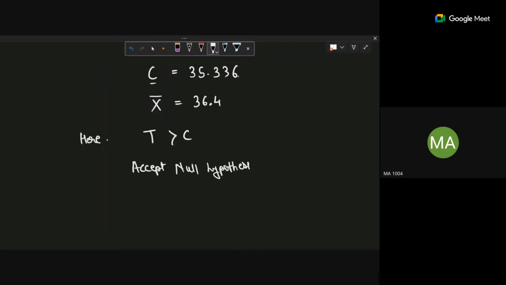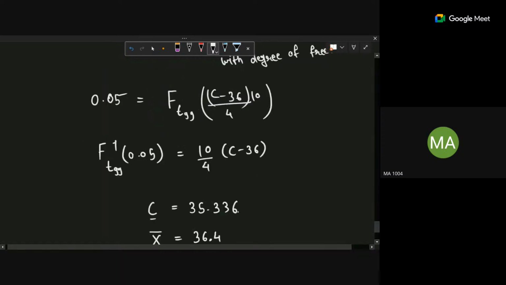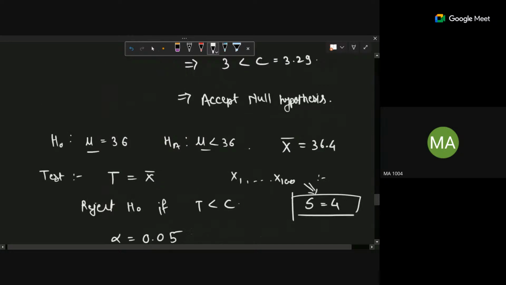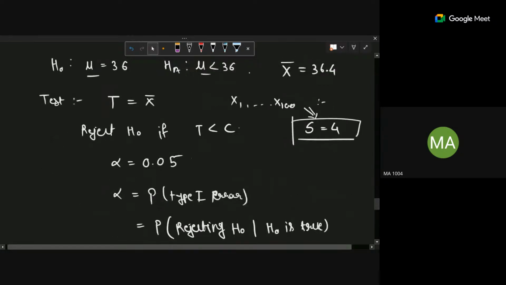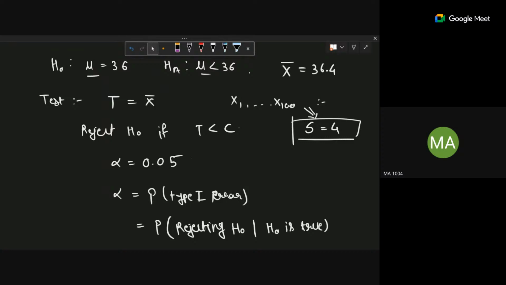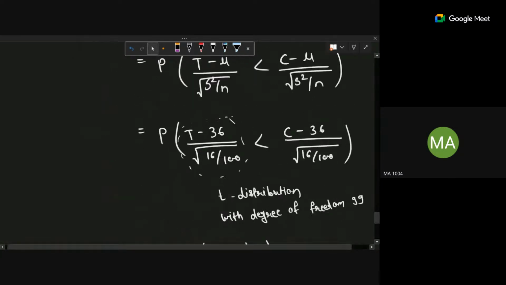Okay. So this is the way we check any claim given by anyone statistically. We have our hypotheses, null and alternative, and we decide our test statistic on which basis we are going to test it, and there should be one fixed significance level so that we calculate the value of c.